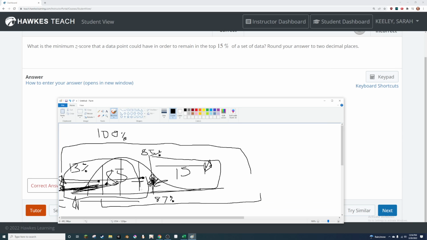If you just put in the 15, it gives you that, but negative instead, but we want the positive version.